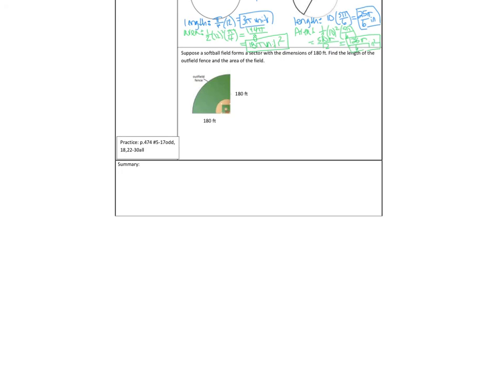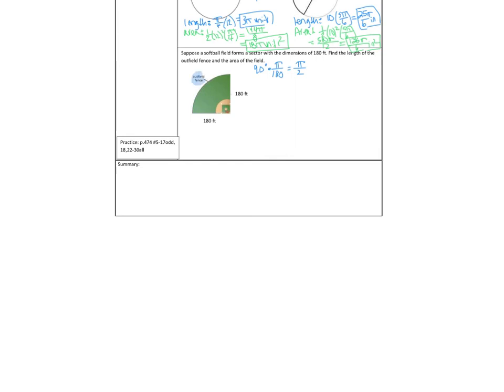So I'm going to first start by taking my 90-degree angle, and I need to change that into radians. So I'm going to multiply by pi, divide by 180, which would be pi over 2 radians. So that's the angle in terms of radians. I now get to find, oh, I should have read the directions. Find the length of the outside fence.